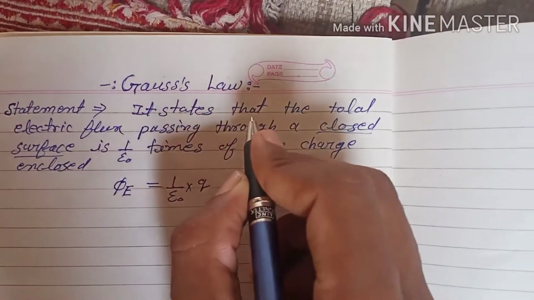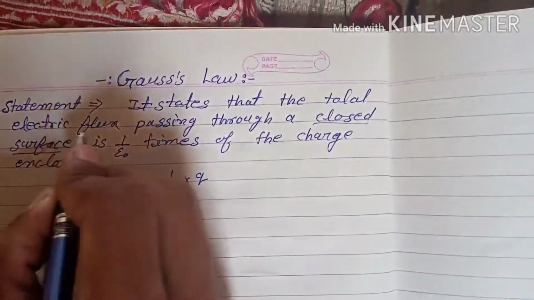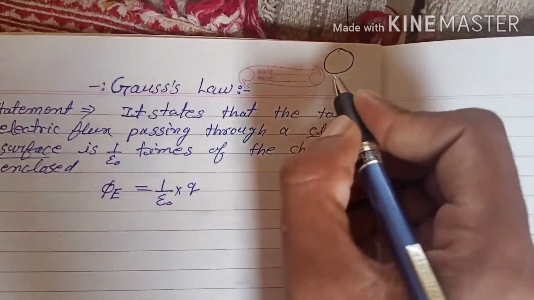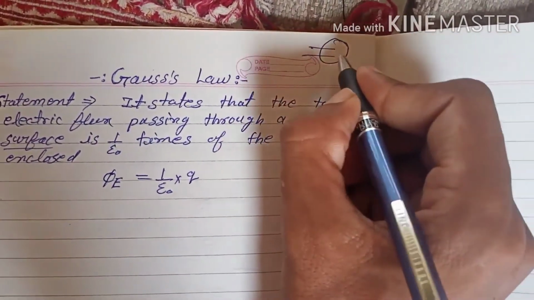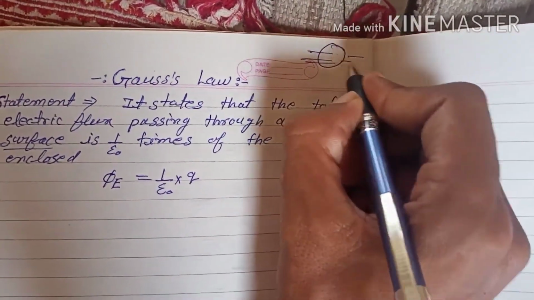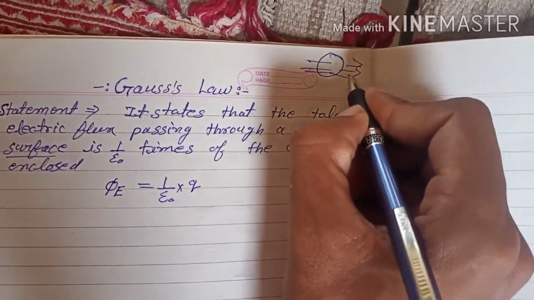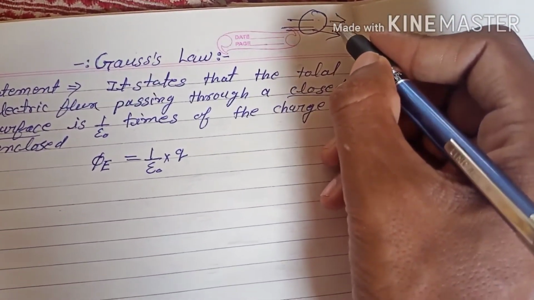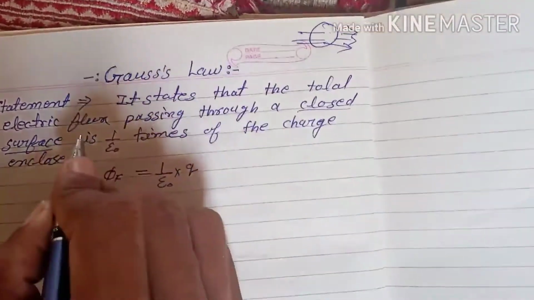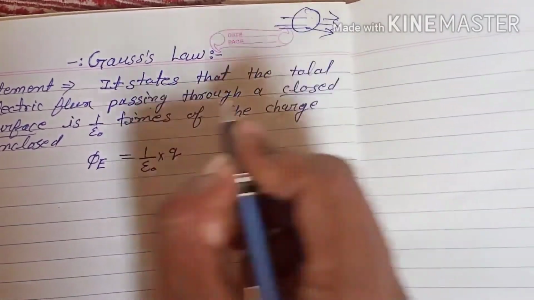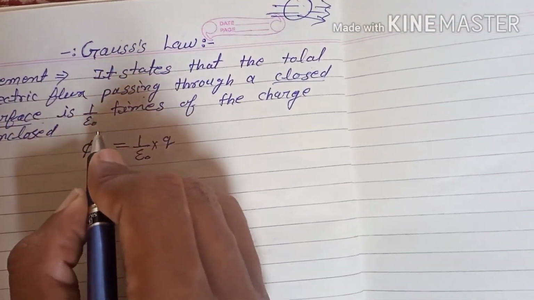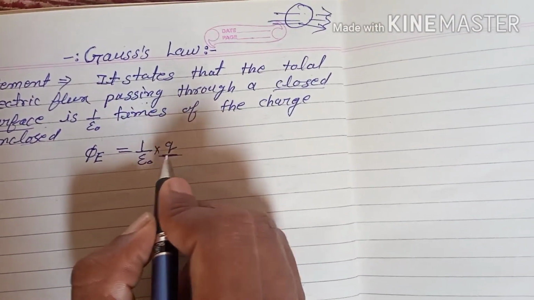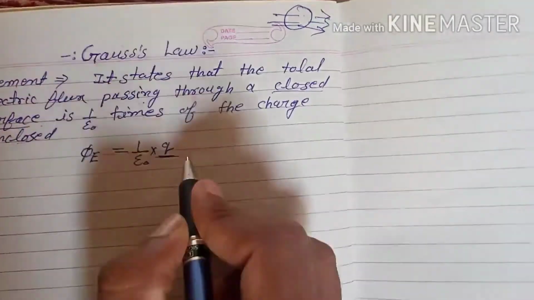What is electric flux? The electric field lines passing through a surface, the number of lines, is called electric flux. So the total electric flux passing through a closed surface is 1 upon epsilon naught times the charge enclosed, the total charge in the closed surface.